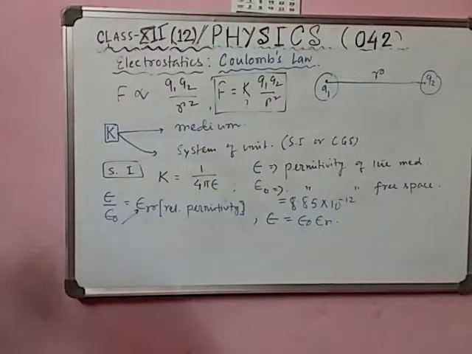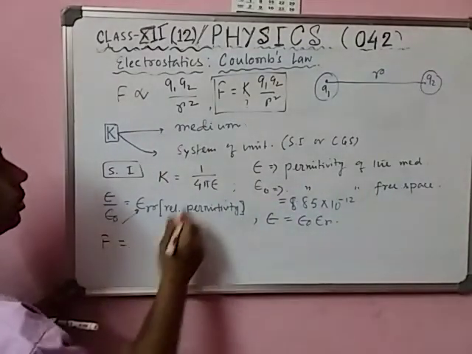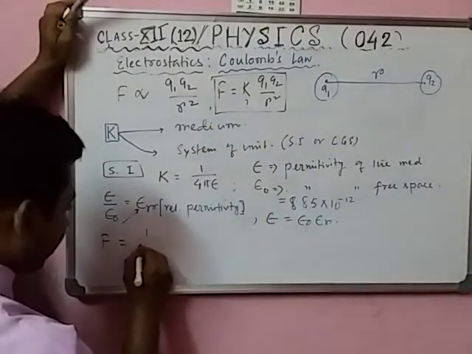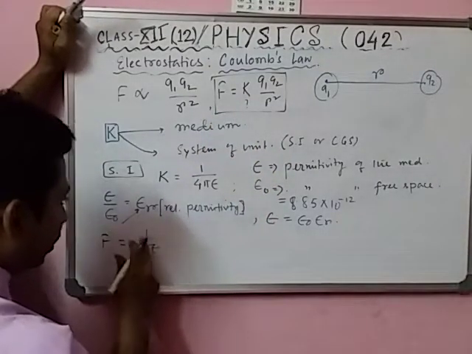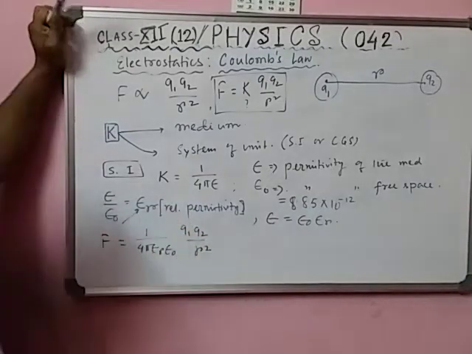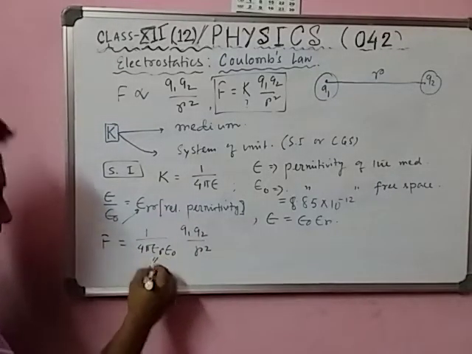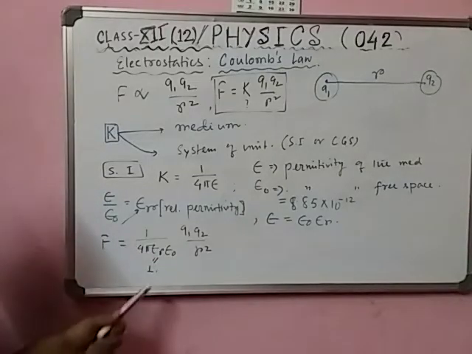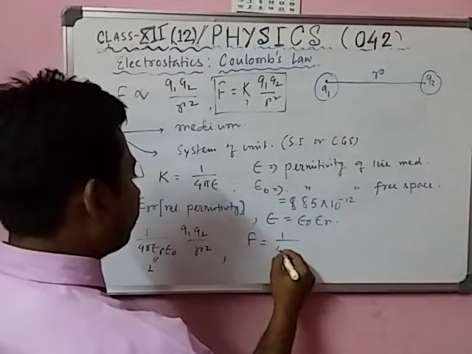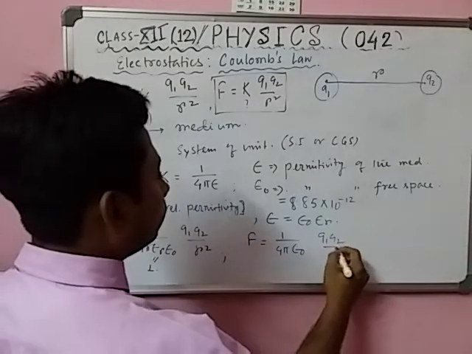So for any medium, if you put the value of K here, the force F is equal to 1 by 4 pi epsilon r epsilon naught, Q1 Q2 by r square. If there is free space, then epsilon r equals 1. So F is equal to 1 by 4 pi epsilon naught Q1 Q2 by r square.